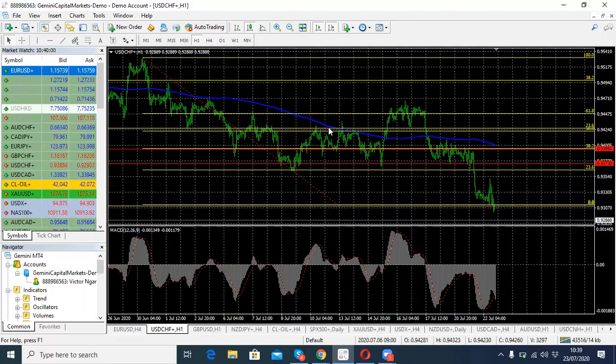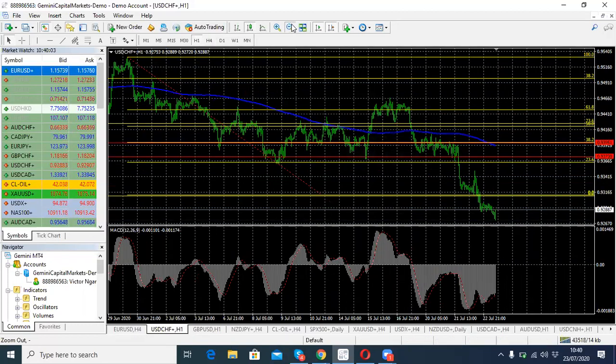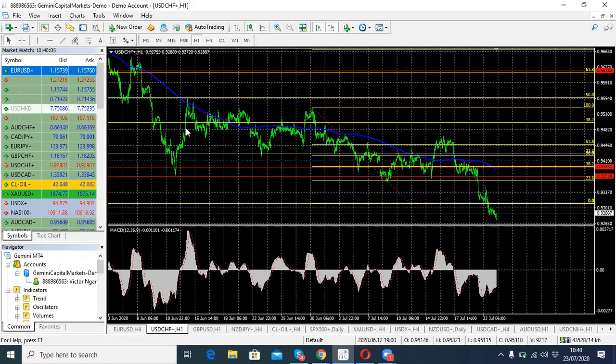Another thing I need you to note, so here are the levels. I wanted to show you how the levels work. On H1, as the downtrend was going, it touched the 50% mark, went back to 61. So around 61.8, this level was acting as our very strong resistance. Then it came back again, hit 50, retraced a little bit, then went all the way back to 38.